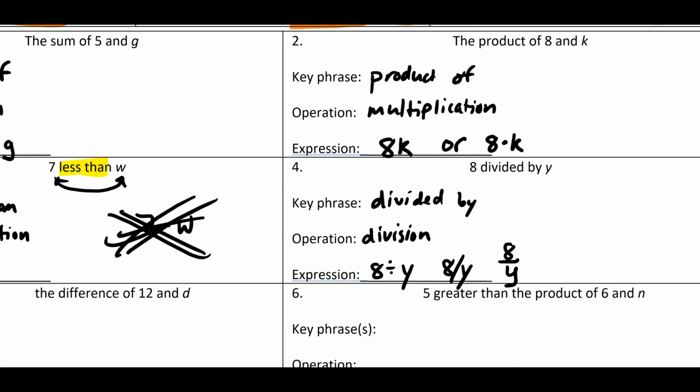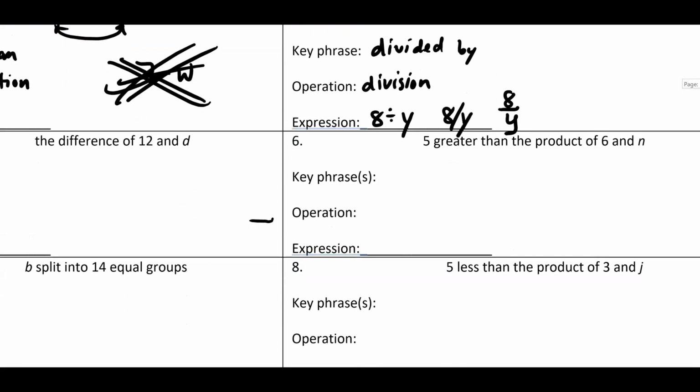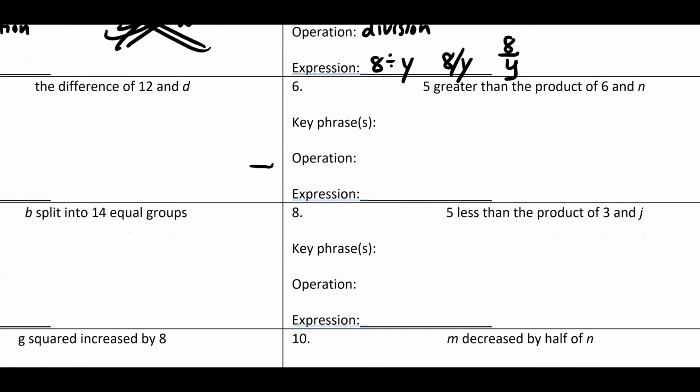So you are now going to go ahead and do some on your own. Sometimes you'll have multiple operations in one. So like we have key phrases here of less than and also another key phrase of product of 3 and j. So here we're working with subtraction and multiplication.